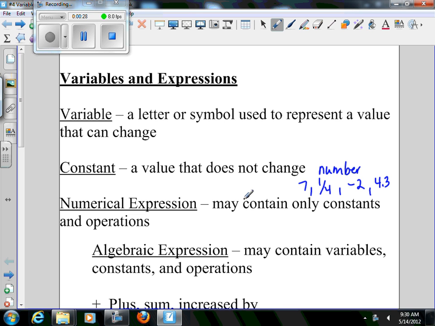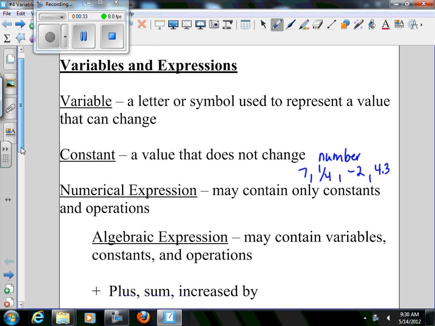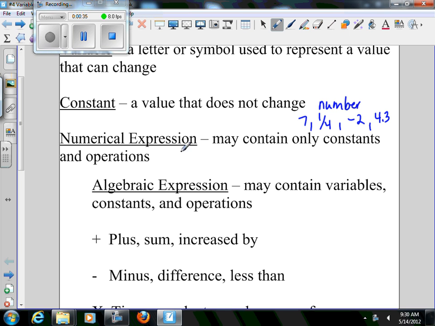A numerical expression may contain only constants and operations. So we're thinking about something like 5 plus 3, 4 minus 2 times 6, something like that. It only has numbers and the operations of addition, subtraction, multiplication, or division.